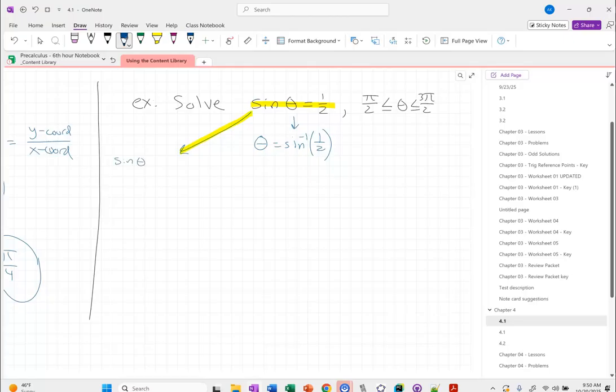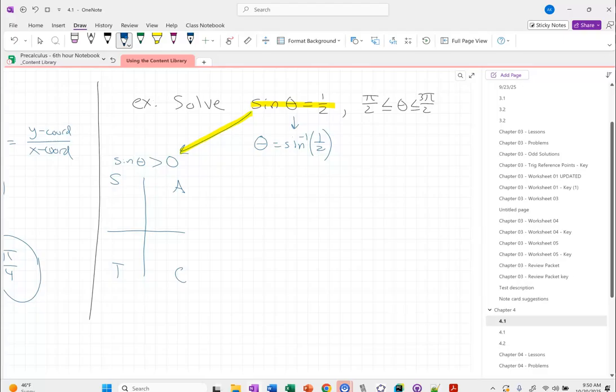Here I notice that sine theta is greater than 0. 1/2 is a positive value. And I'm going to go back to all silly turtles crawl to determine what quadrants sine is positive.